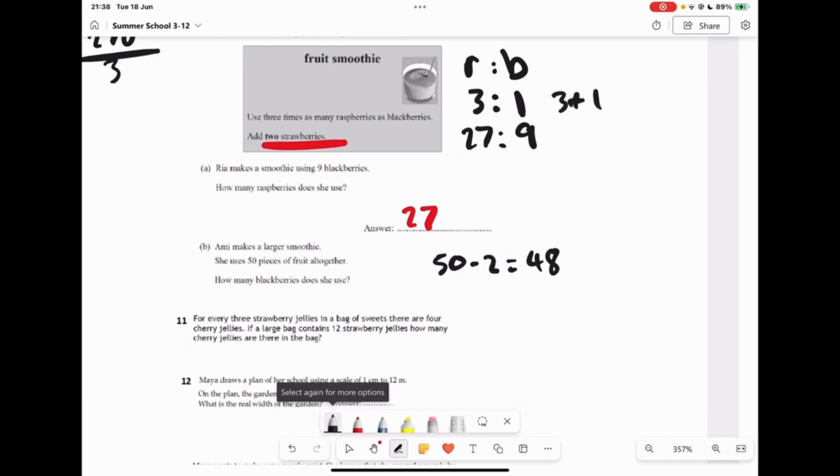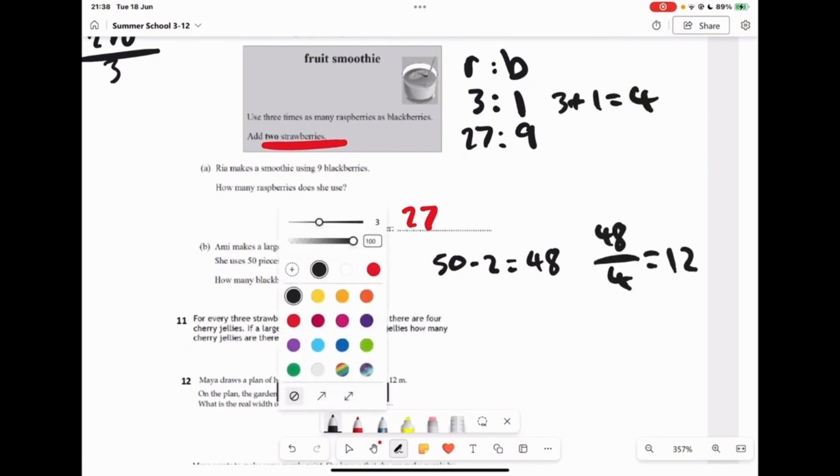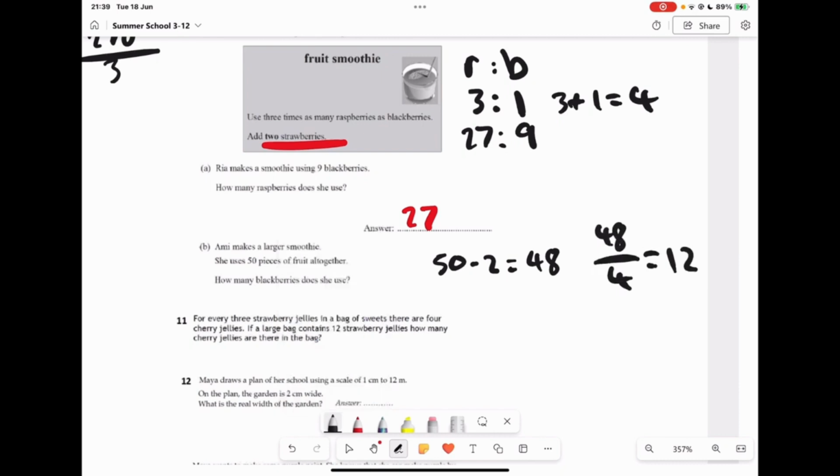So 3 plus 1 equals 4. So 48 divided by 4 equals 12. And that 12 is the scale, so it's going to be the number of blackberries. So the answer for part B is 12.